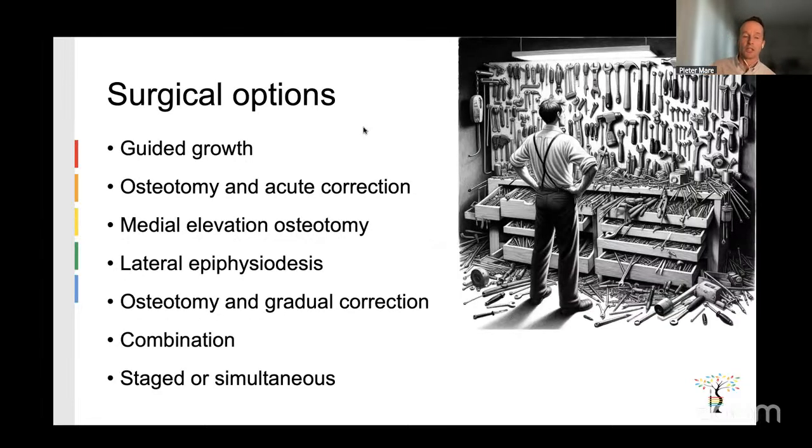And how we're going to achieve that is a wide range of treatment options. It can be guided growth, osteotomy and acute correction, or osteotomy and gradual correction for that matter, medial elevation osteotomy, lateral epiphysiodesis, temporary or permanent, a combination of these procedures, and if we're combining them, we can do that staged or we can do that simultaneous.